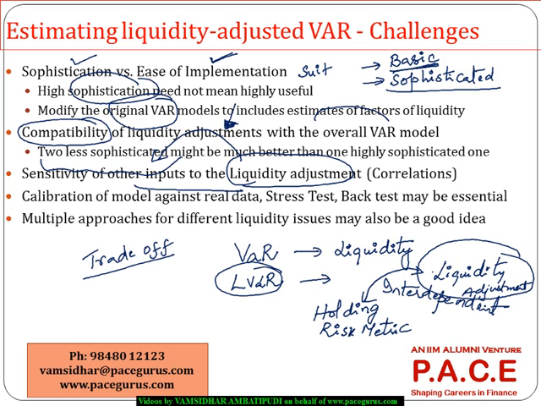Perform stress testing, meaning change the inputs quite drastically and see how the outputs change. Or you can perform back testing on historical data, try using the model and compute the values. Apart from that, it's always advised that if you can follow multiple approaches for multiple kinds of liquidity concerns, it would definitely be an add-on. This is something we need to keep in mind before getting into computing the liquidity adjusted VAR itself.